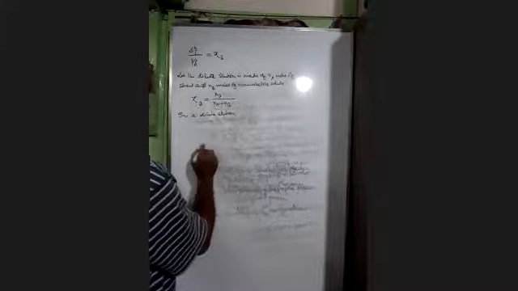Suppose in 1 liter of water. 1 liter of water means, as the density of water is almost 1 gram per ml, I have taken here 1 kg of water.